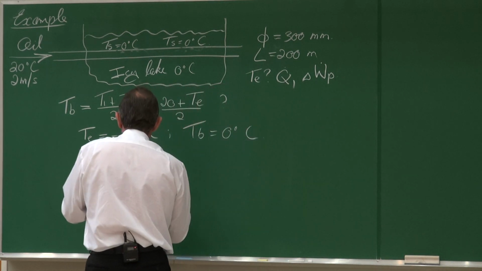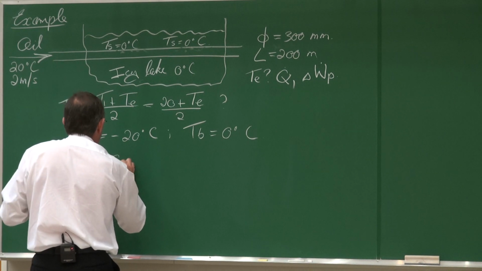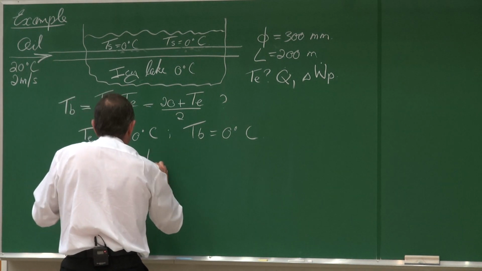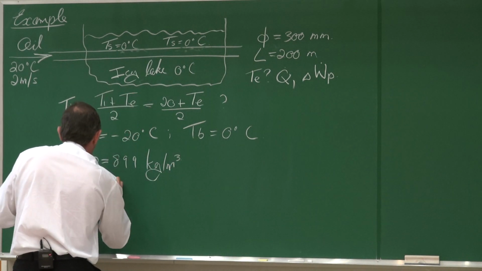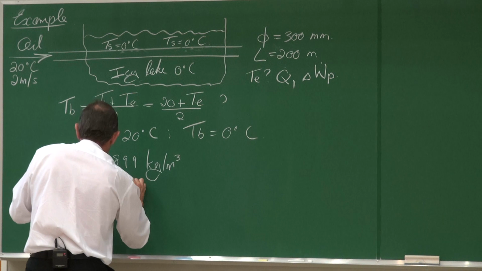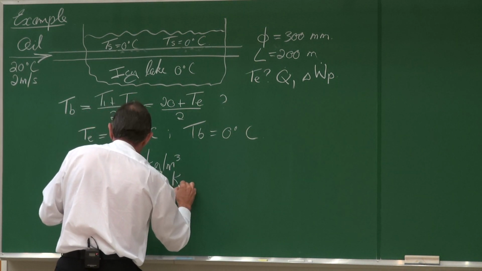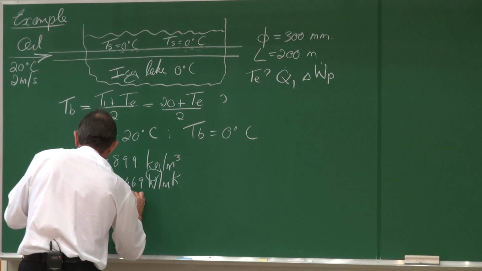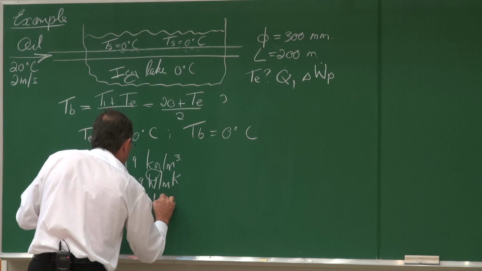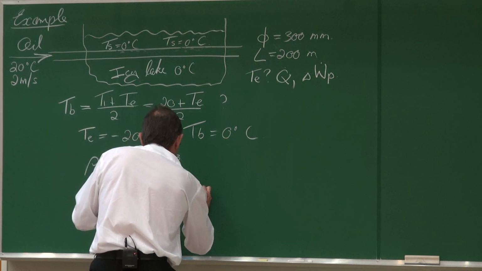So at 0 degrees Celsius, you'll see the density of the oil is 899 kilograms per cubic meter. The k value is equal to 0.1469 watts per meter Kelvin. The kinematic viscosity is 4.242 multiplied by 10 to the -3 square meters per second.